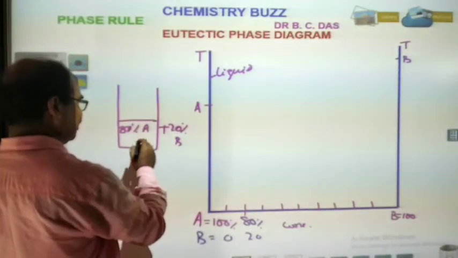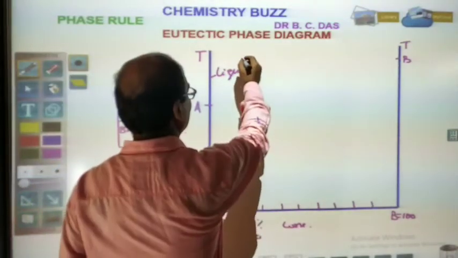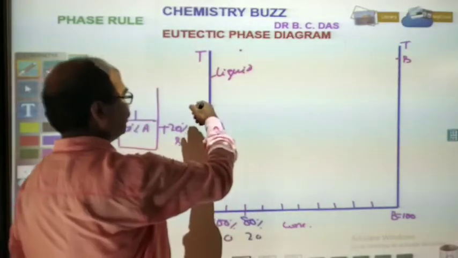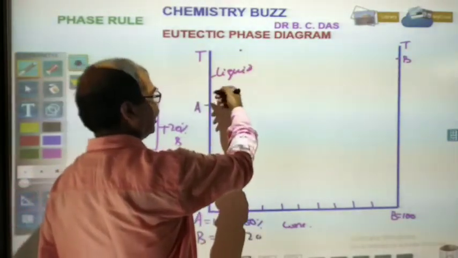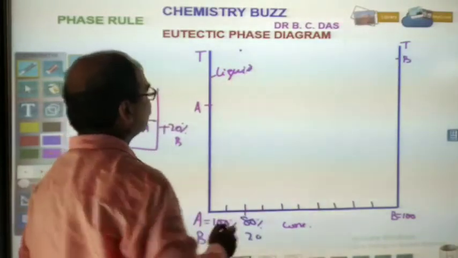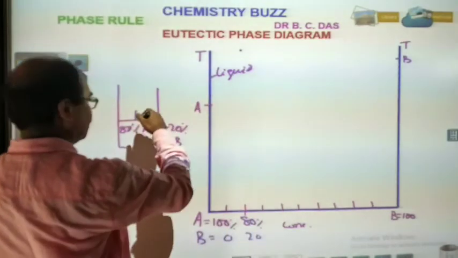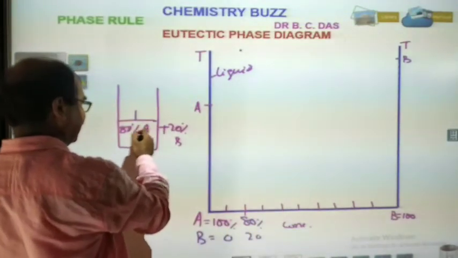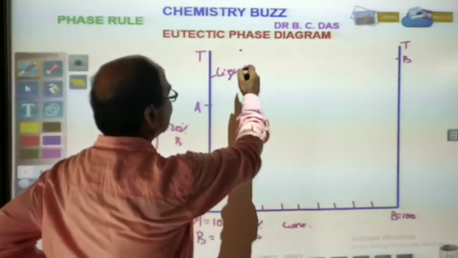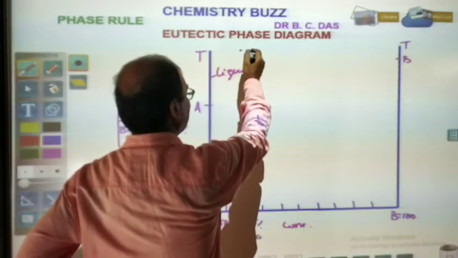This solid mixture is heated to a very high temperature, higher than the melting points of A and B. So at this point it is completely mixable, because the condition is that the two solids are miscible in their fused state. So this is homogeneous and a single phase.